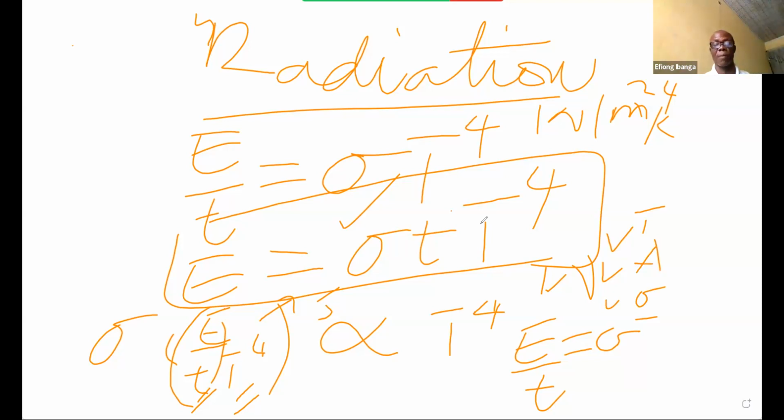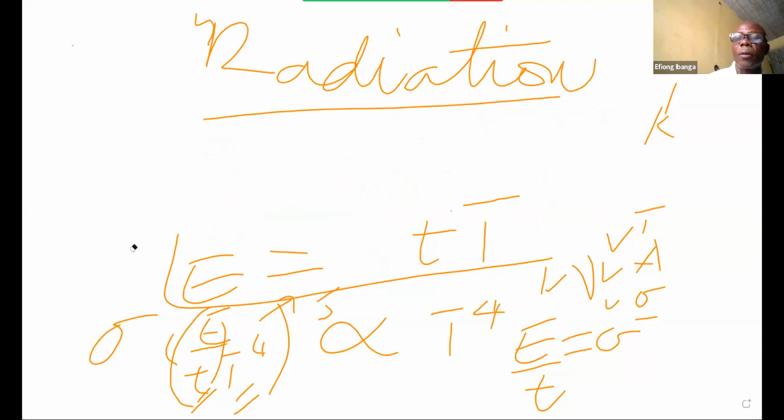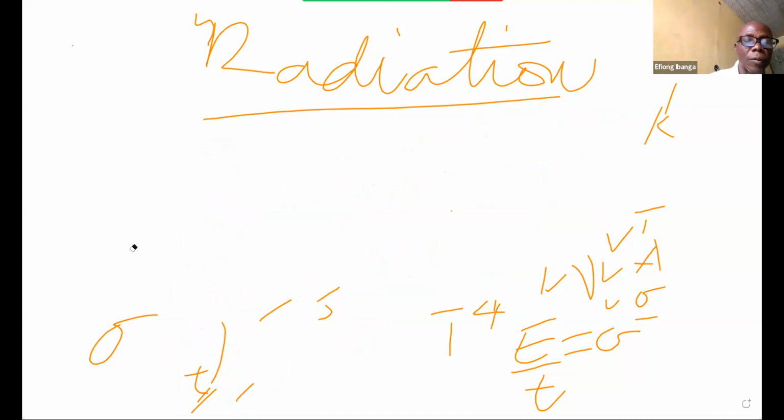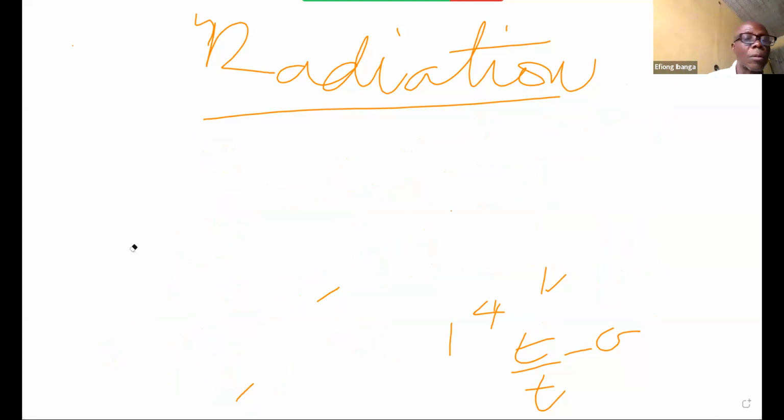So in other words, let me rewrite that elsewhere. What you are saying is this: the power, which is energy per unit time, also depends on the temperature.